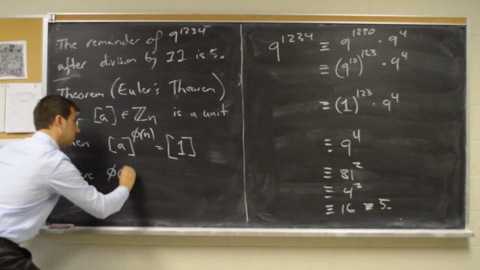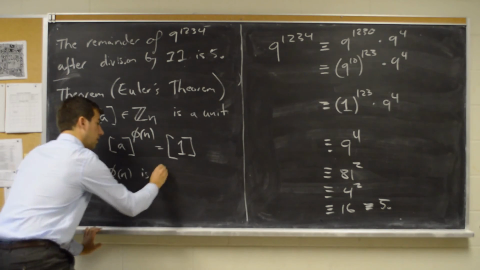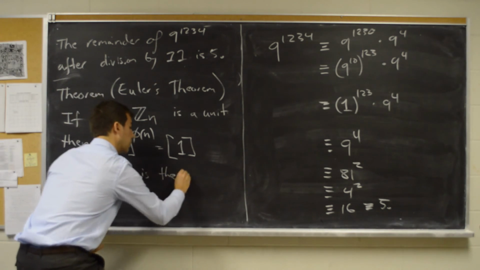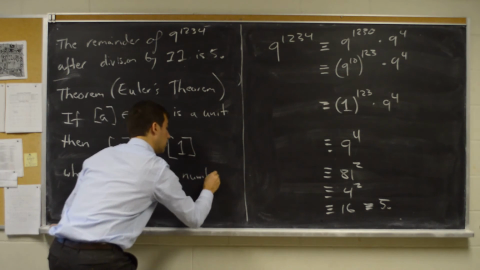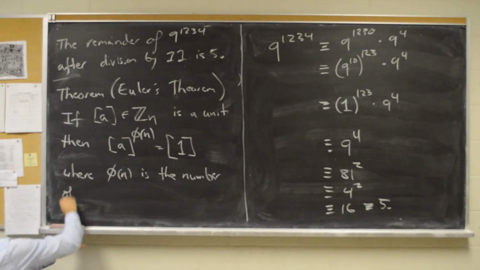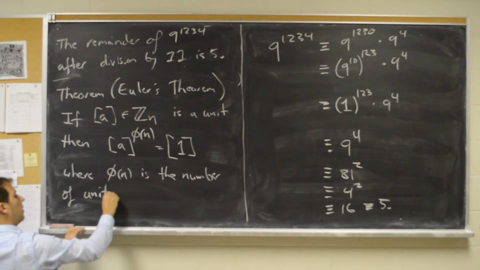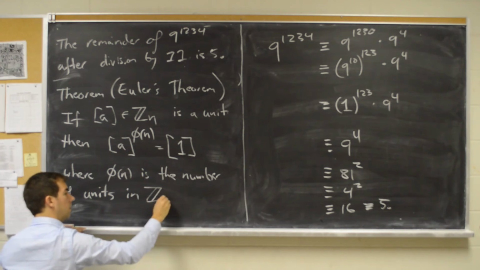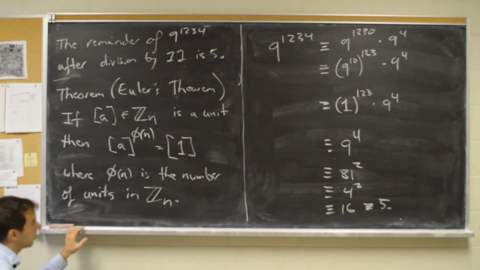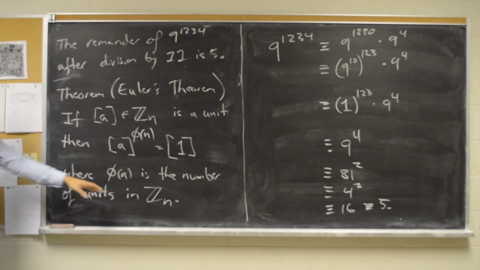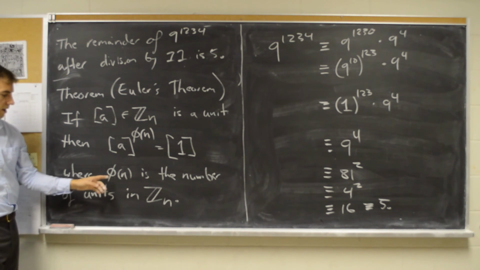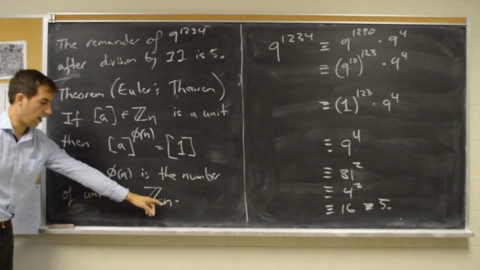So phi of n is the number of units in Zn. So it's the number of invertible elements in Zn, the number of things which have GCD with n giving 1.